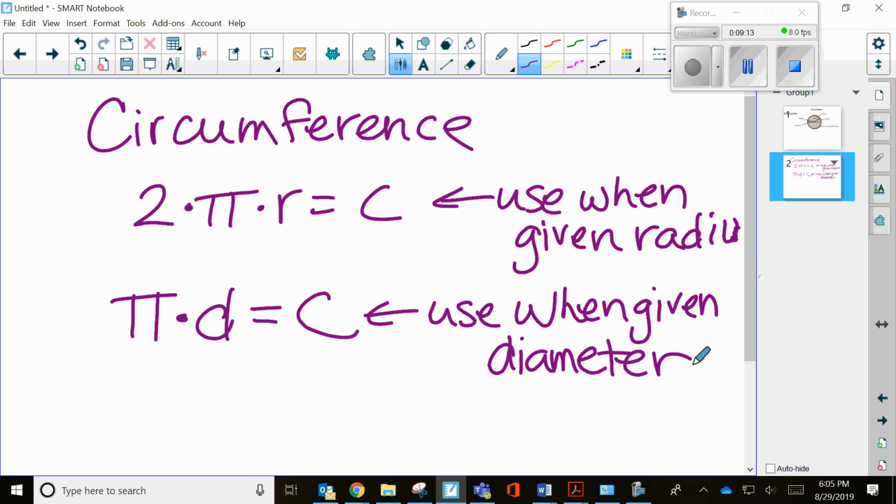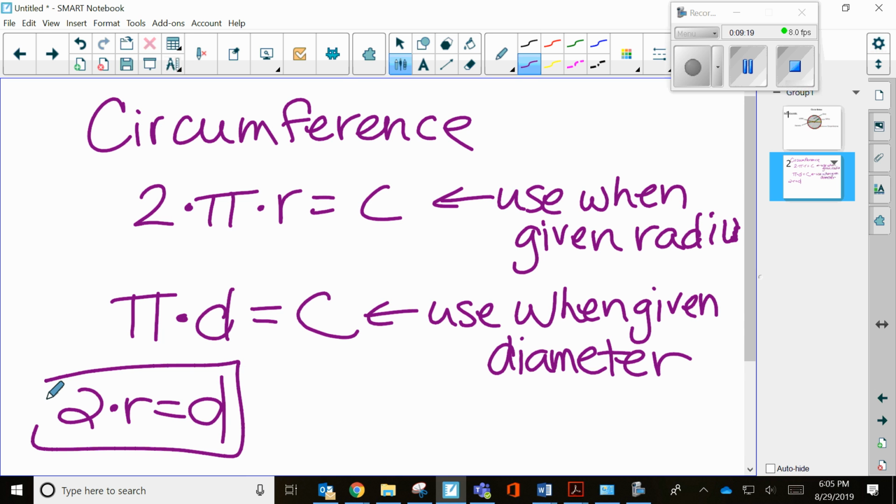And now one step further, 2 times radius equals diameter. This is how they are interchangeable between here and here. Okay? So again, this is just your formula that you are going to be using to find the circumference of a circle. Circumference is the distance around your circle.